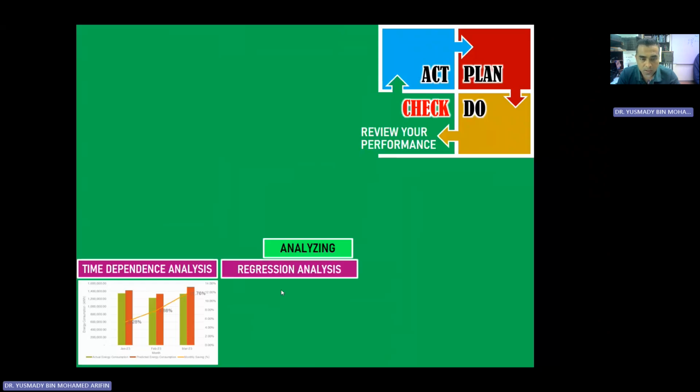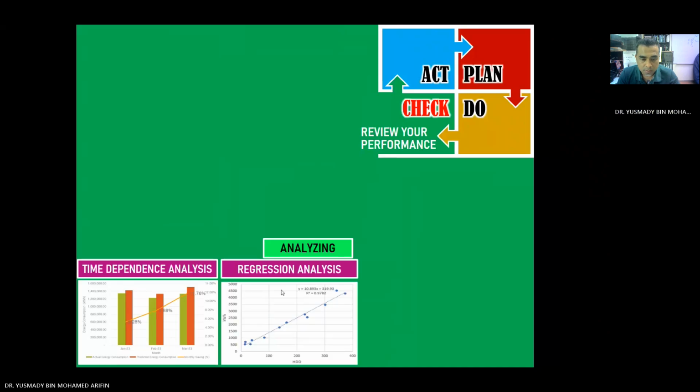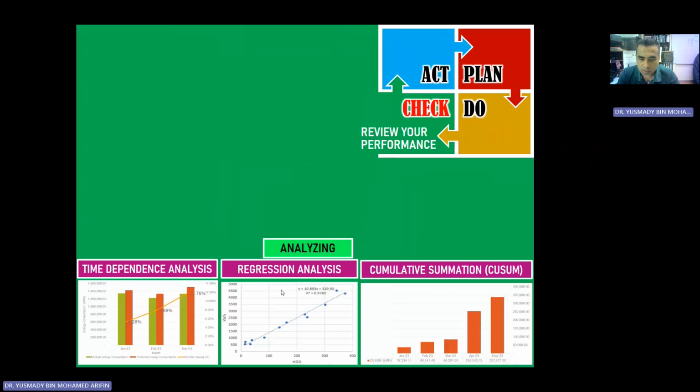We can use regression analysis, calculating the relationship in terms of an equation, so that we can predict the energy consumption for the coming months, year, and so on. And also we can use cumulative summation, or CUSUM, in terms of analysis.